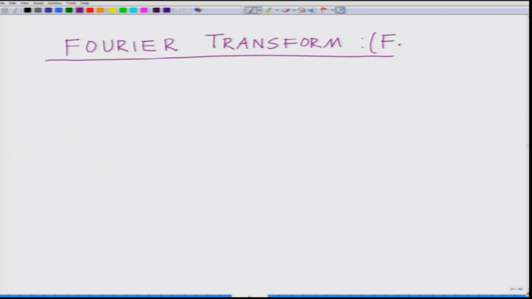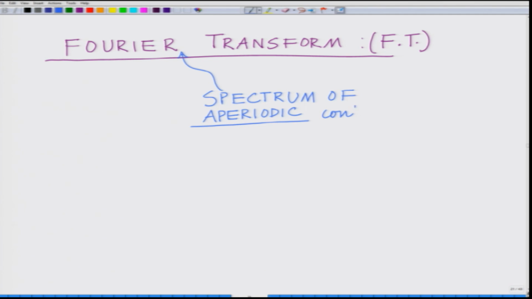Which we can abbreviate as FT, the Fourier transform, and remember this is for the spectrum of an aperiodic continuous time signal x(t).